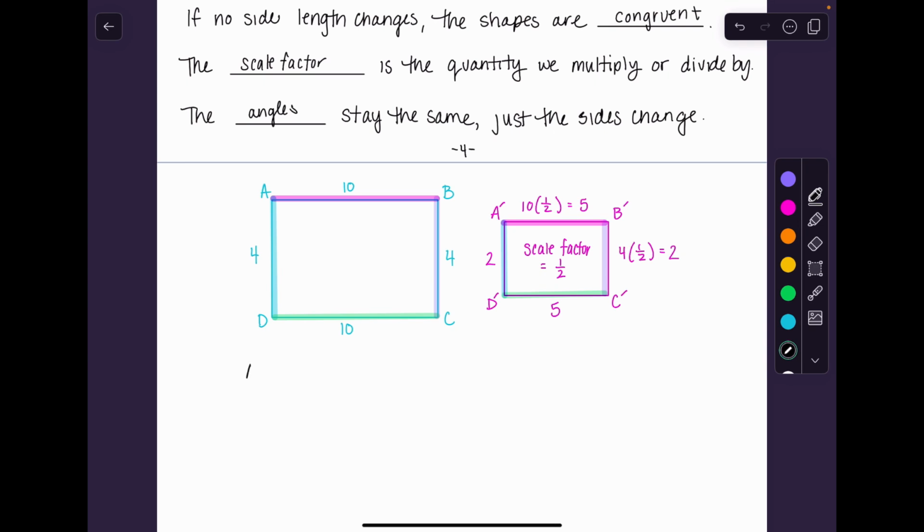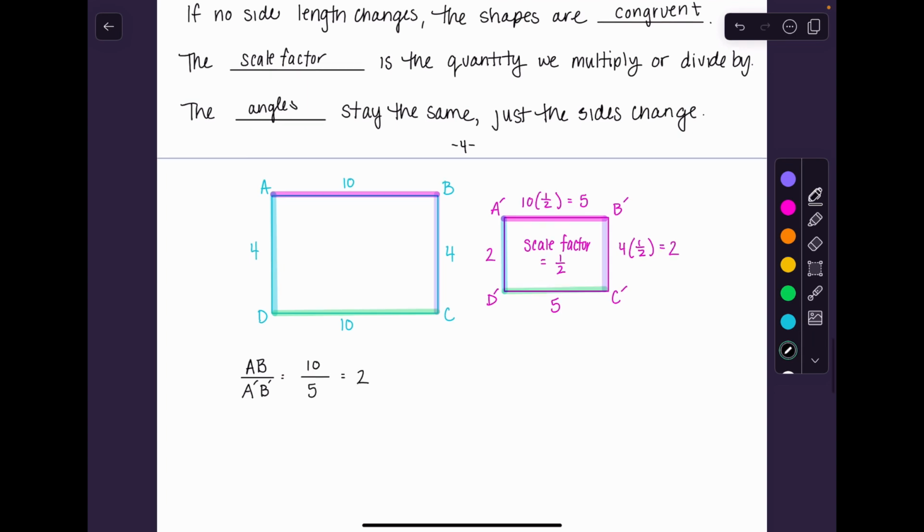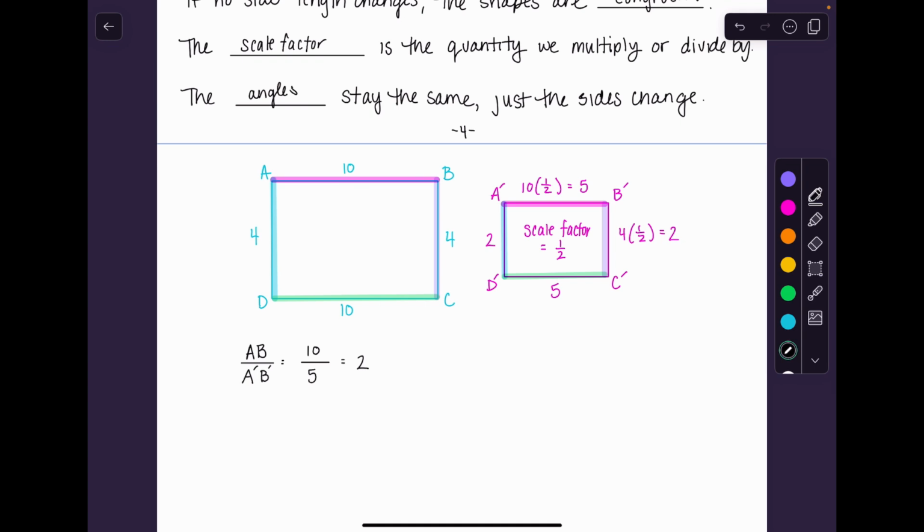So to show you, if I take side AB and I divide it by its corresponding side, A prime B prime, that will be 10 divided by 5, which is 2. Okay. But now if I take side BC and divide it by its corresponding side in the new shape, that's 4 divided by 2, gives me the same amount.